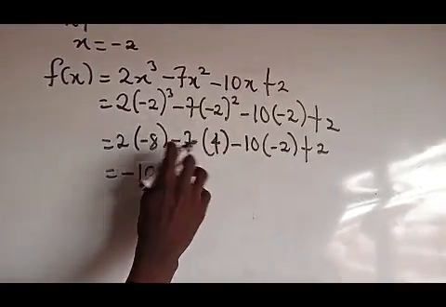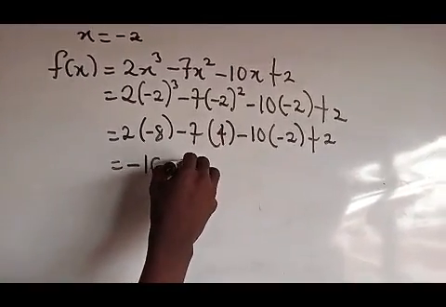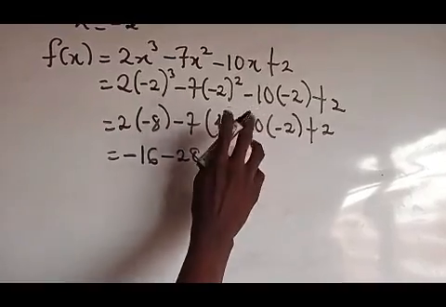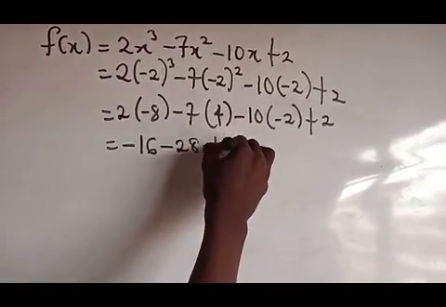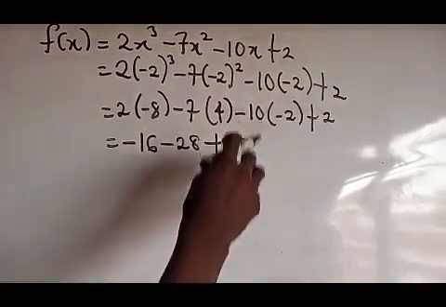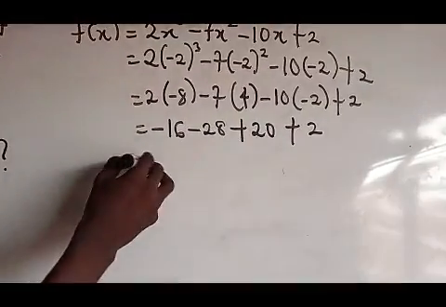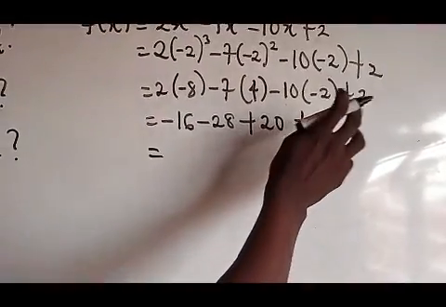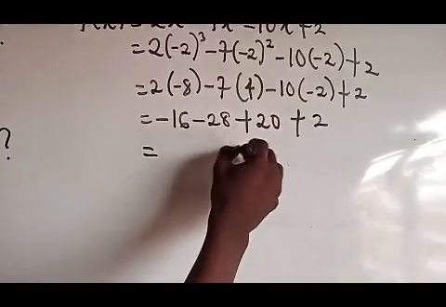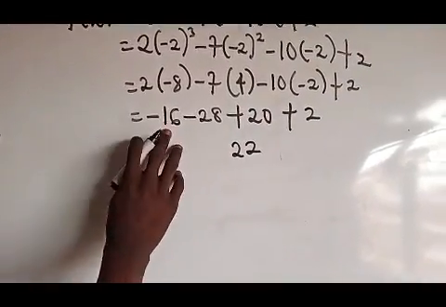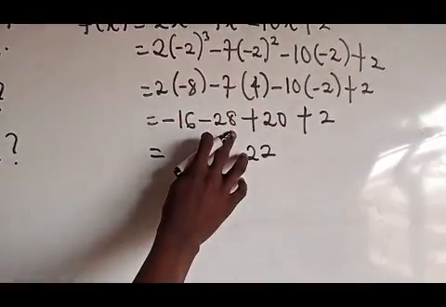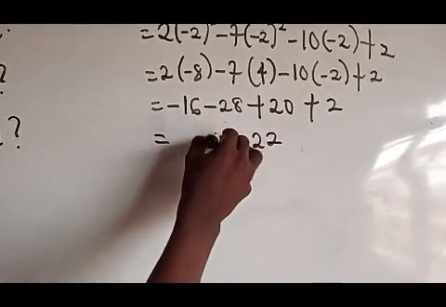Minus 7 times 4 will give us minus 28. Minus times minus will give us plus 20. Then plus 2. So 20 plus 2 gives us 22. Then minus 16 minus 28 will give us minus 44.